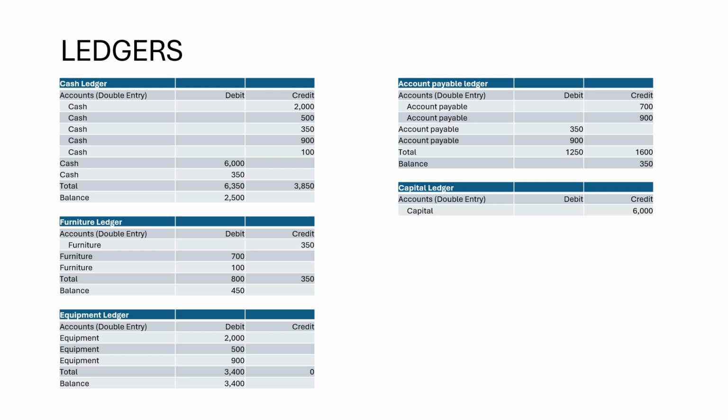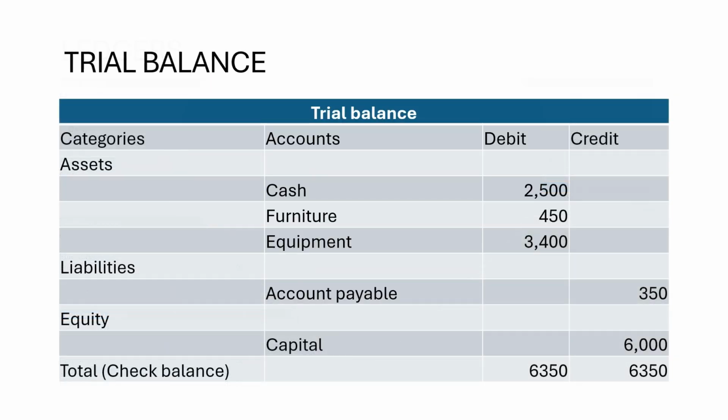For example, the cash ledger shows cash coming in as debit and going out as credit, with a final balance of 2,500, which is on the debit side. This is the stage where students can work on organizing and understanding the process of moving journal information to the ledger table.